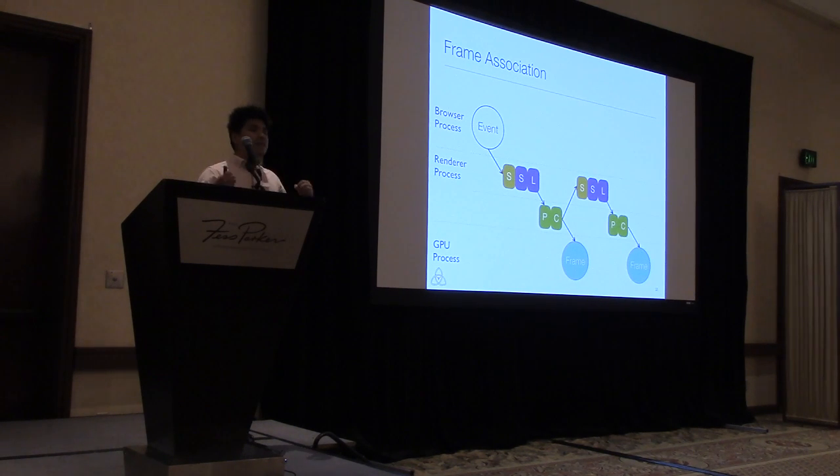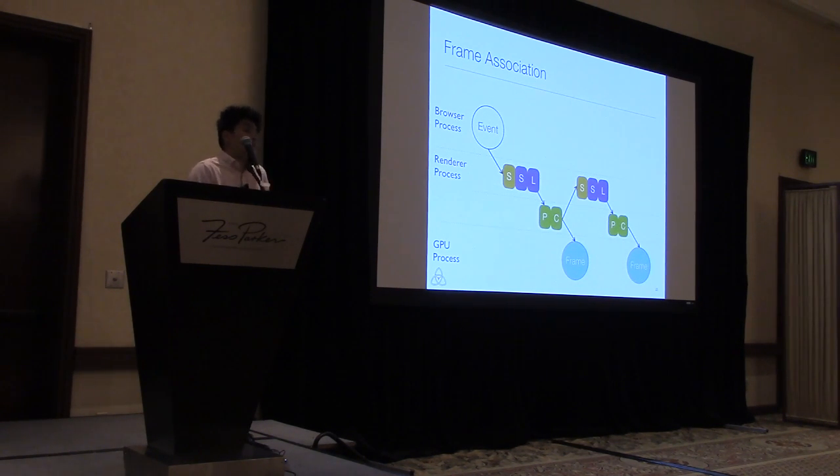So once we take this abstract view of how frames are processed, we can quickly realize that to associate frames with a particular input event, we just have to start from the root event and then follow all these communication messages until there are no more messages.